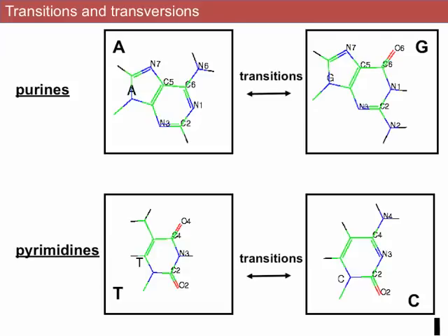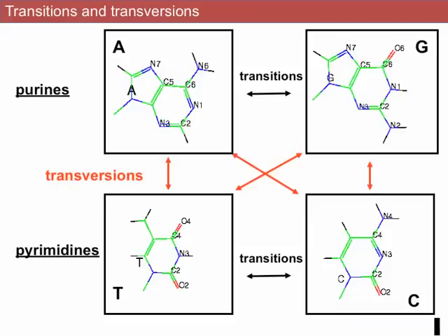When you have changes from one generation to the next in the sequence of a particular region of the DNA, if the change is from one purine to another purine, that is A to G or G to A, or from one pyrimidine to another pyrimidine, that is C to T or T to C, those are known as transitions or base transitions.